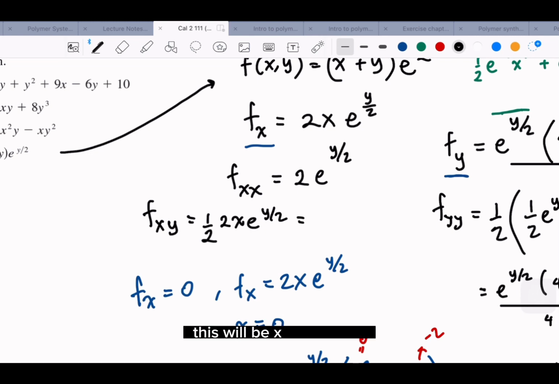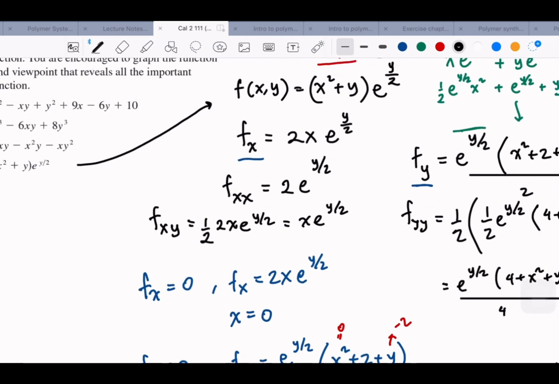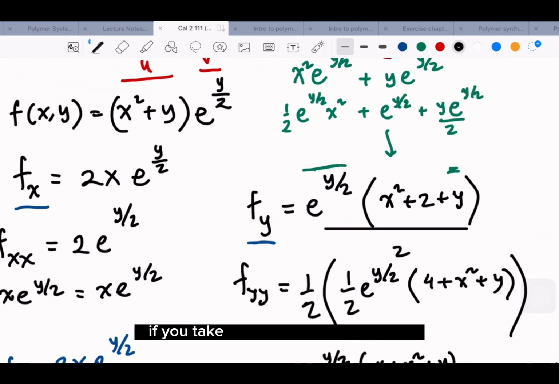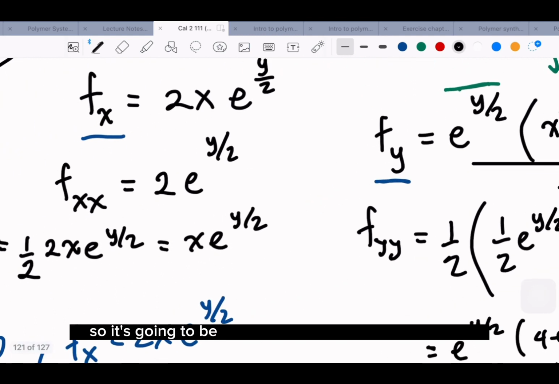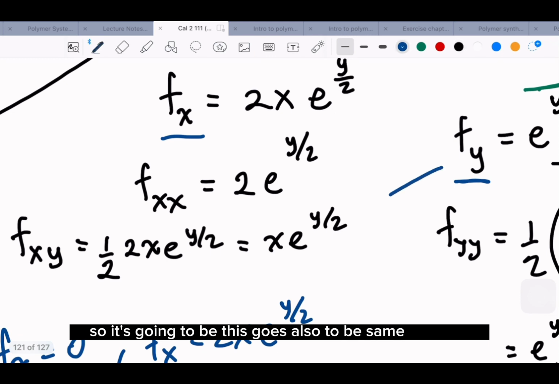So this will be x e y over 2. It will be the same thing if you take x squared. This will be 2, and then constant will be 0. So 2x divided by 2 is x. So it goes also to be same as with this.